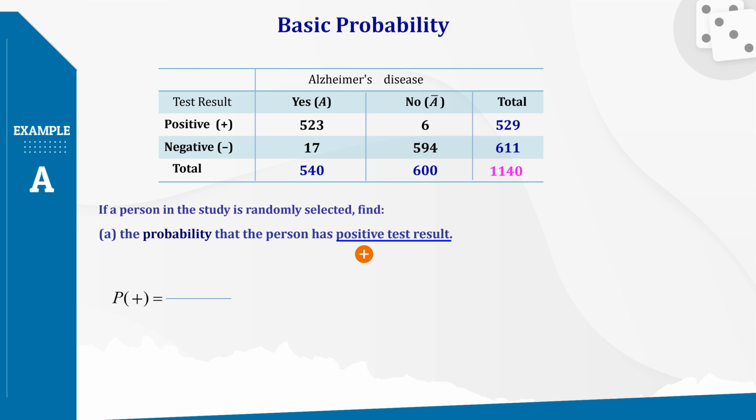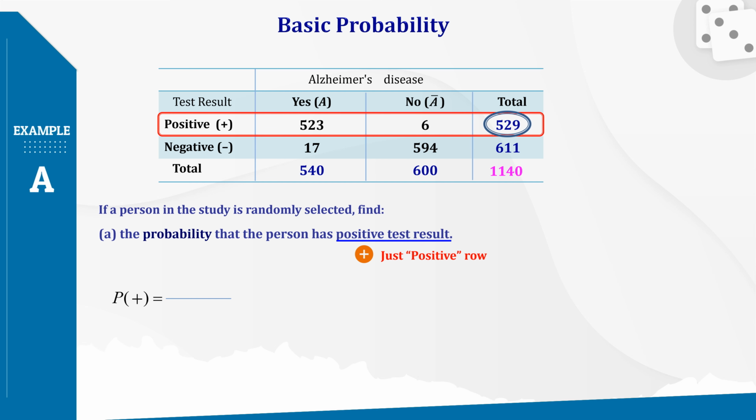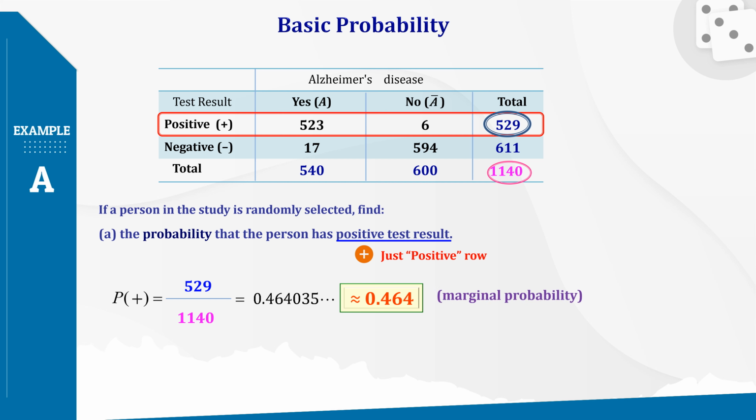Since the number of positive results is 529 people, place it on the numerator. Then, of course, out of the total people, 1140 on the denominator to get approximately 0.464 is the answer. This is a marginal probability since there is only one event.